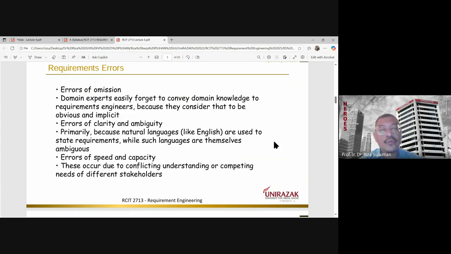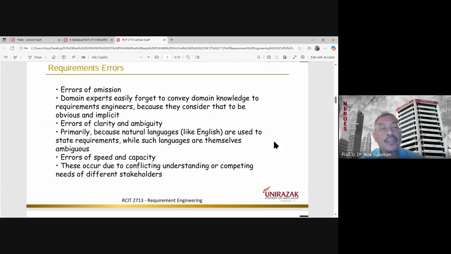This is also something that we have discussed earlier, where a person who has been doing a certain work many times tends to forget some of the steps, forget to inform us some of the steps because it is basically automatic for them already. All right, that's error of omission.